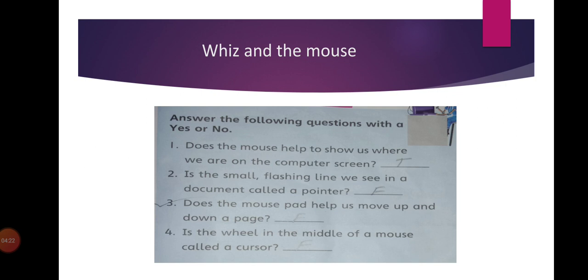Okay students, and the fourth statement is the wheel in the middle of the mouse is called a cursor? That statement is wrong, because the wheel in the middle of the mouse is called a wheel. Okay students, mouse has 3 buttons, right click, left click and the center is wheel. Okay, note that cursor is wrong, so that statement is wrong.